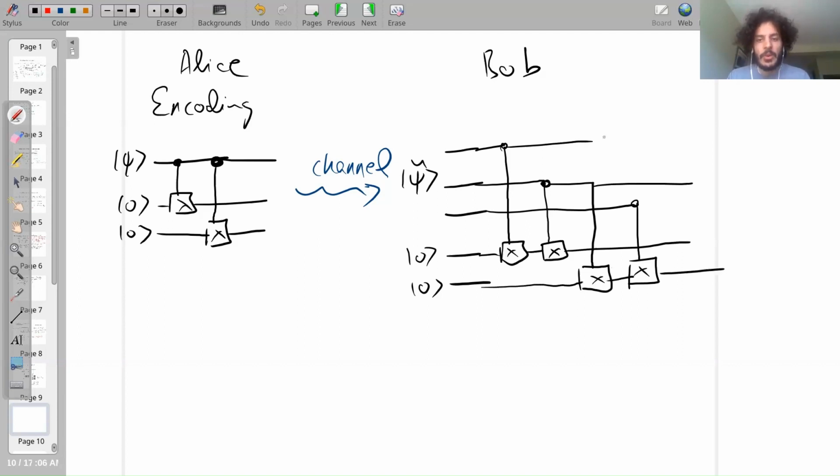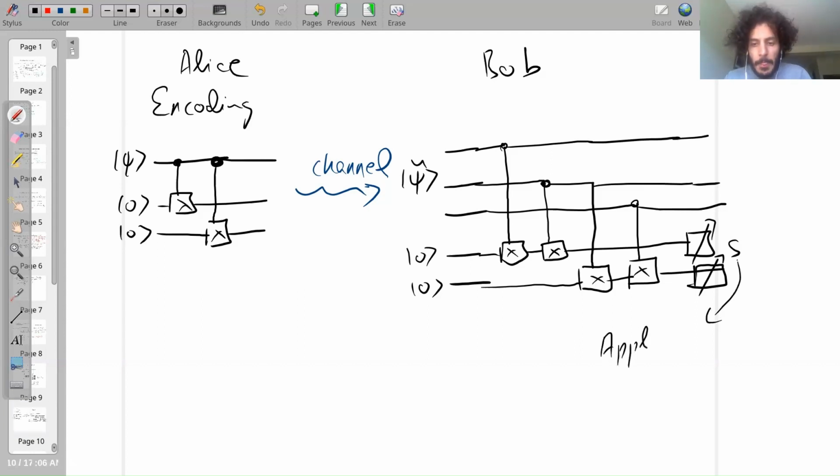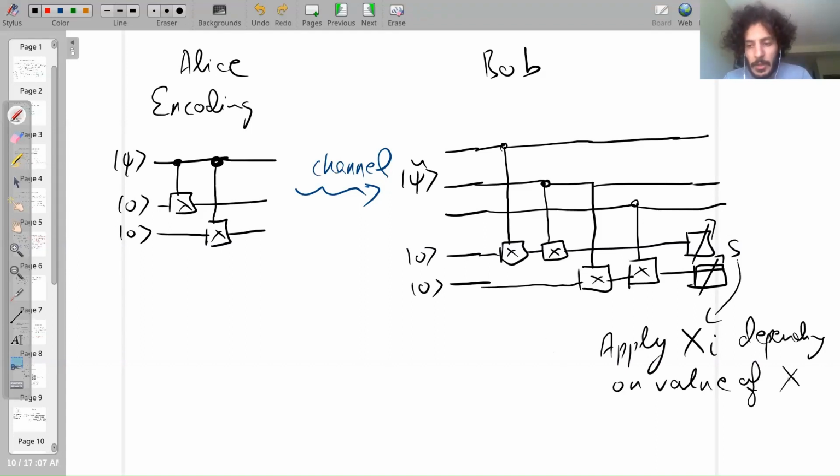This is the Bob syndrome circuit that we just looked at. He measures these, and then conditional on s, which is what comes out over here, this tells us to apply x depending on the value of s.